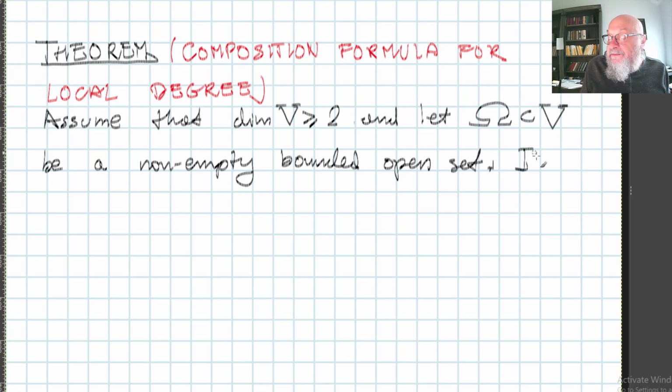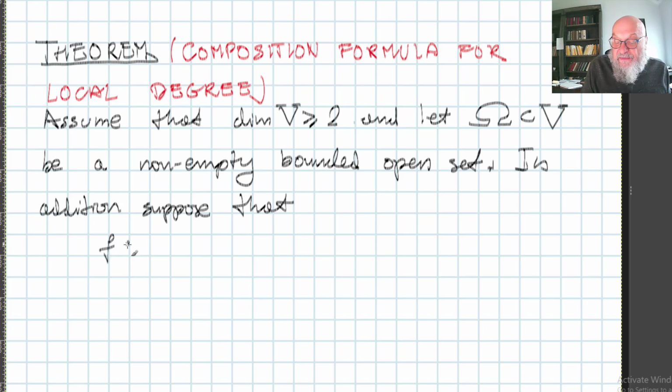In addition, suppose that we have here two maps. Of course, you will notice that I'm not considering the map to be defined on the whole space, but that's just for the convenience of explaining this property.